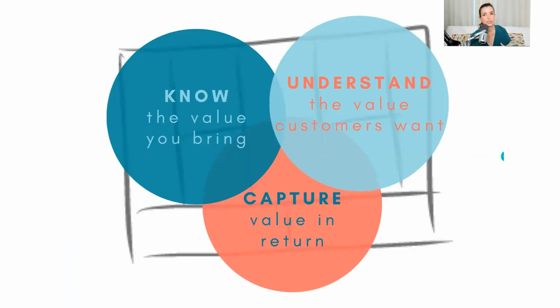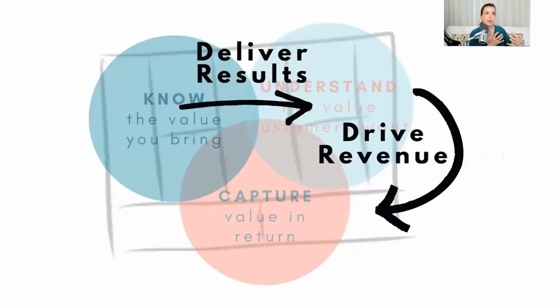And for Mariah's question, when there was this challenge around that nervousness of navigating growth, figuring out how to pivot which investments or business changes to actually make in 2024, if we have those fundamental things of knowing the value we bring, understanding the value customers want, and capturing value in return, then we start to master our sense of business modeling by seeing that as we deliver results, it drives revenue into our business.